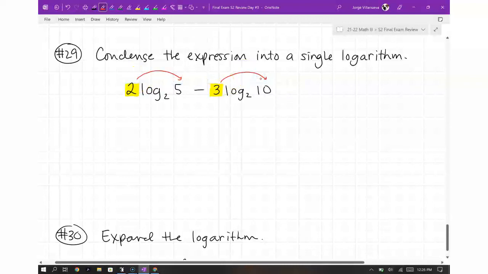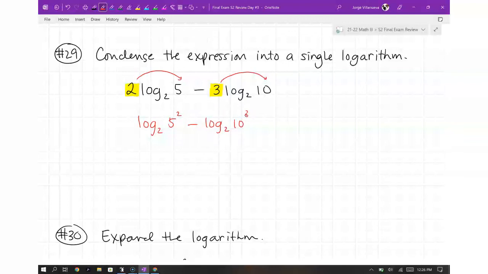So my first step is to write log base 2 of 5 squared minus log base 2 of 10 to the third. Now, on your quiz, they are not going to want you to expand those. So they don't want you to write 5 squared is 25, 10 to the third is 1,000. They don't need you to do that, okay? They just want you to leave it the way it is.